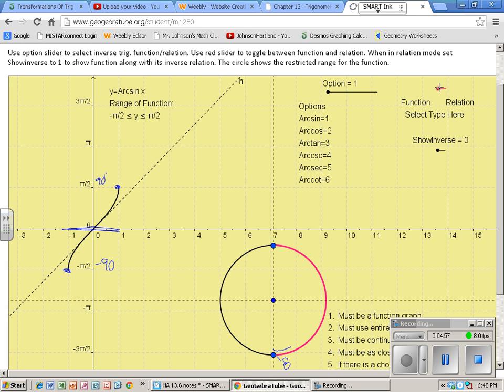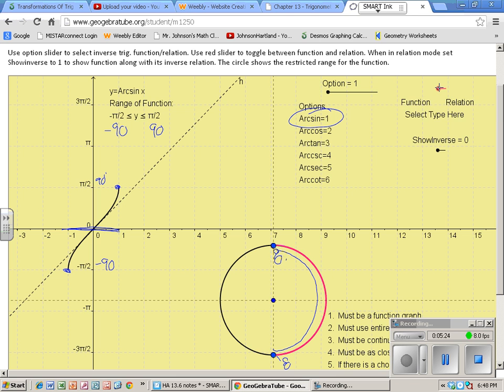We have everything around to positive 90 degrees. So when we talk about this arc sine, we're dealing between negative 90 degrees and positive 90 degrees. So quadrants 4 and 1, that's where we're going to get our answers from, okay? Between negative 90 and positive 90. That's for the inverse sine function.